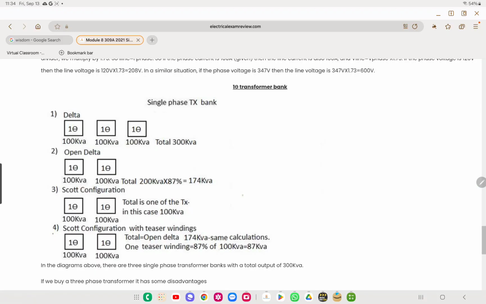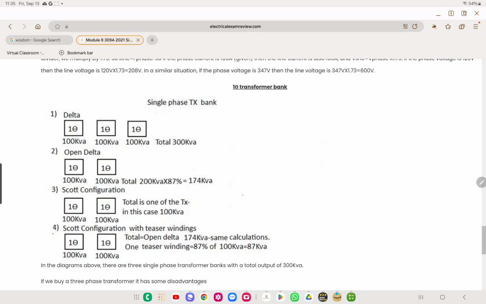Okay, so in a Scott configuration, the total of the transformer is one of the transformers. In this case, 100 kVA. So you got 200 kVA, so the total is 100 kVA.